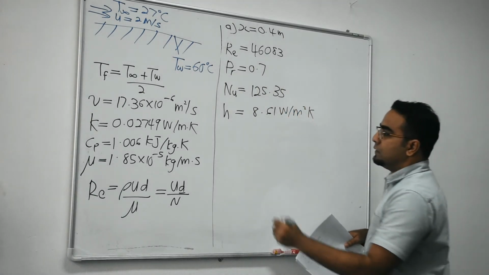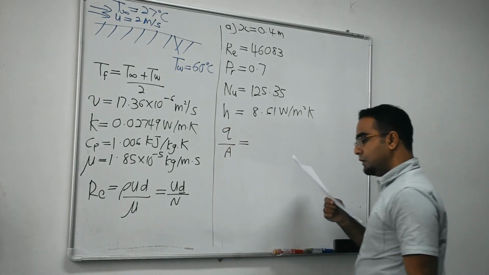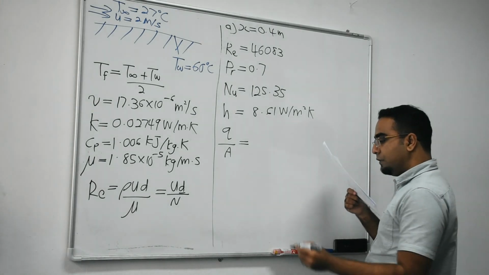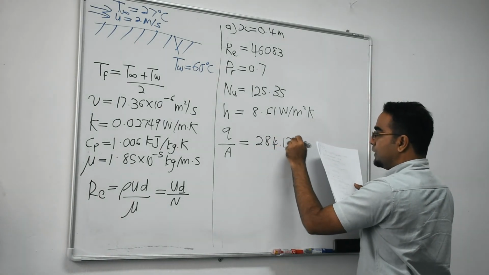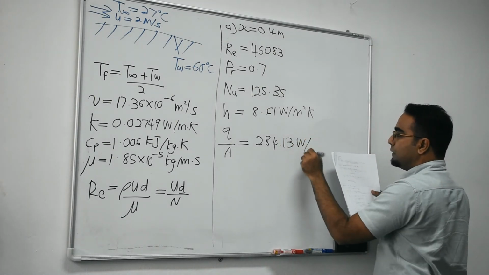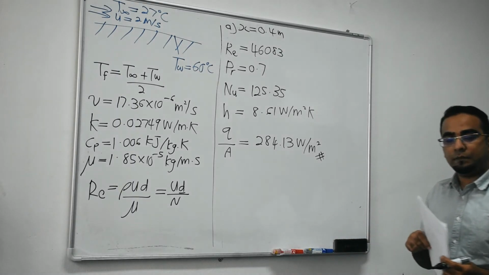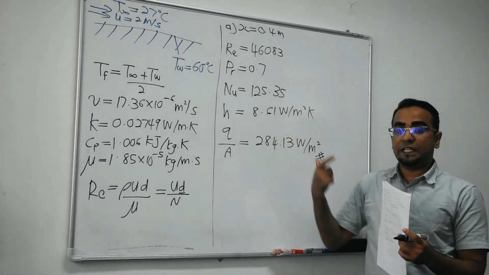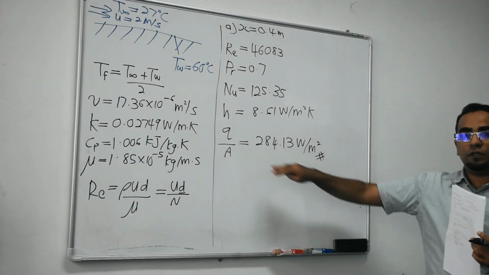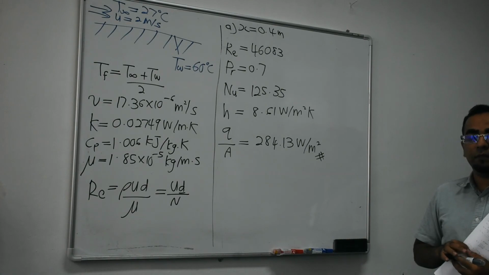And then to find the value of q over A, you use the same equation just now, and you'll get a value of 284.13 watt per meter squared. So you can see here, as the x value increases, the value of q over A decreases. So this is how you solve for example number 2.